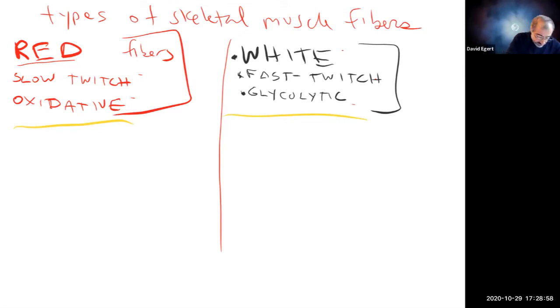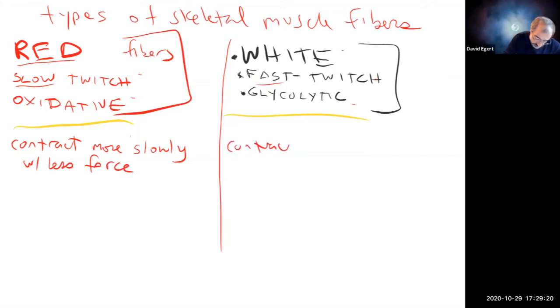One is the color, although we'll get to the color a little later. So let's talk about the slow versus fast. These contract more slowly, and with less force. These contract more quickly, with more force.